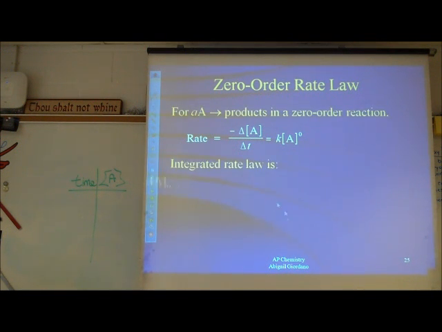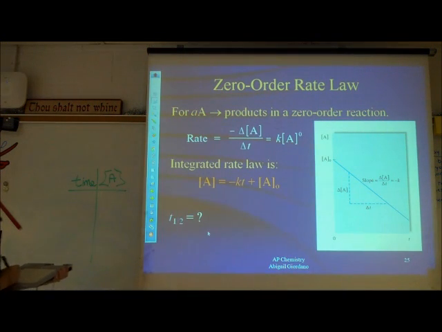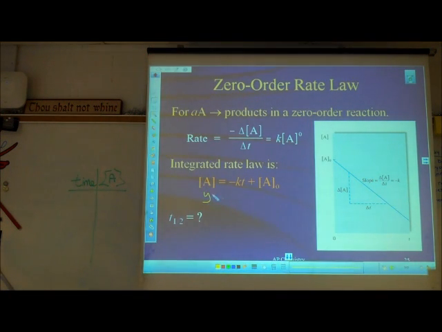Okay. Here's what the integrated rate law looks like for something zero order. It's the simplest of the three. No natural logs, no inverses, just y equals mx plus b. Okay, I'll get to half-life in just a second. Okay. Just looking at this equation, in that y equals mx plus b format, if you were trying to test graphically whether this data was zero order, you'd still have time on the x.